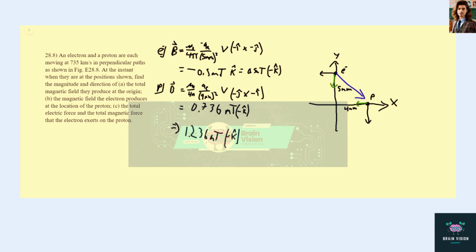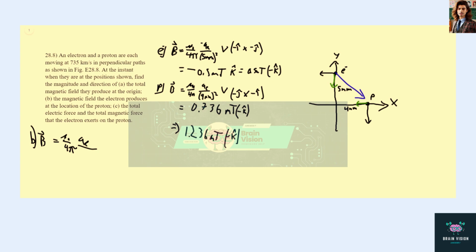What we need to do is start out by writing down what the magnetic field of a moving charge is. So the magnetic field is going to be mu naught over 4 pi, same as before, electron charge, and we have over the distance squared.